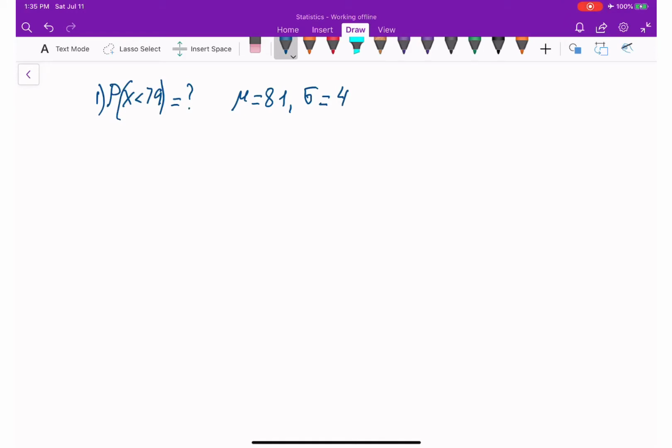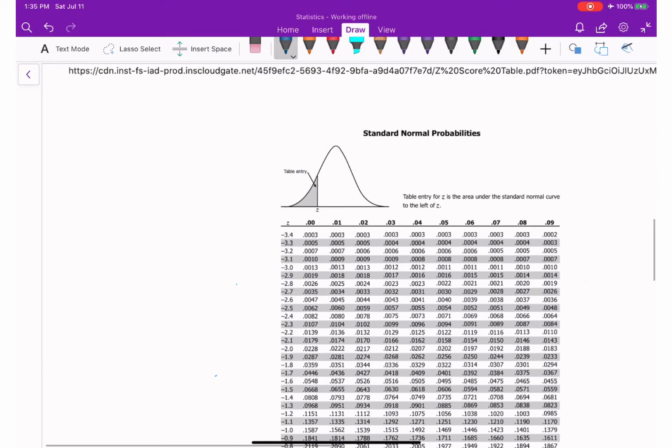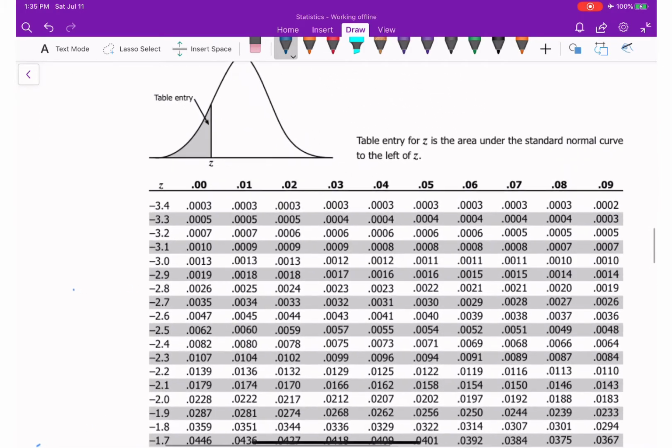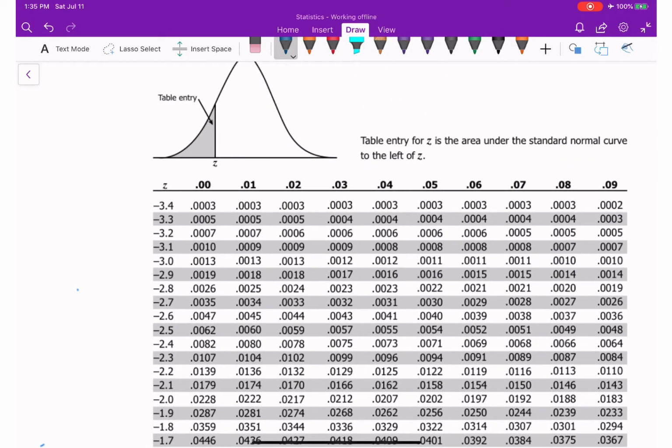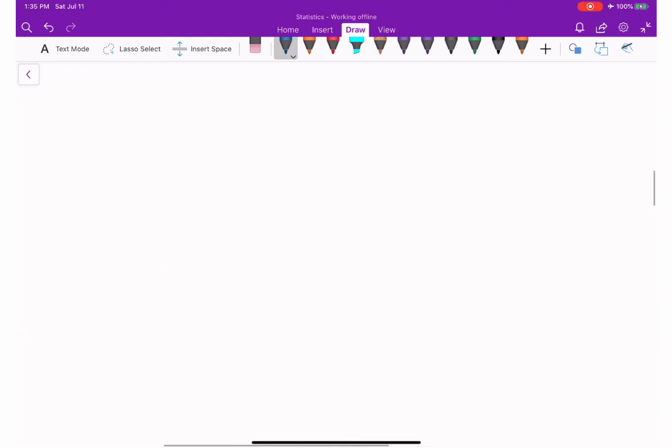So first of all, we know that access to the z-score table we can have only through z-score. With the data we have, we don't have direct access to the table. So at this point, we are going to calculate z-score first.